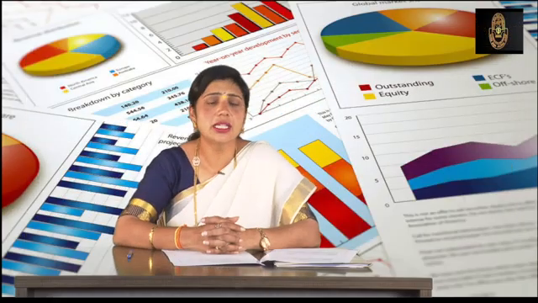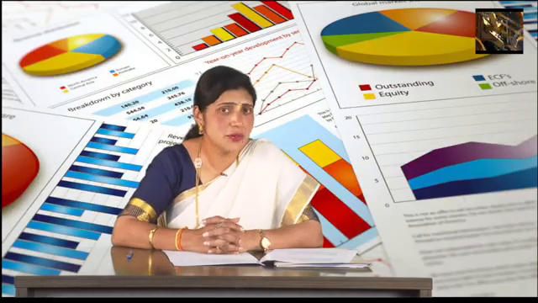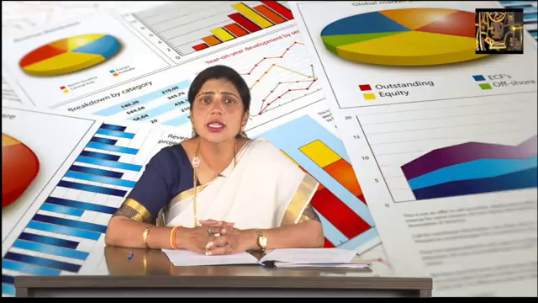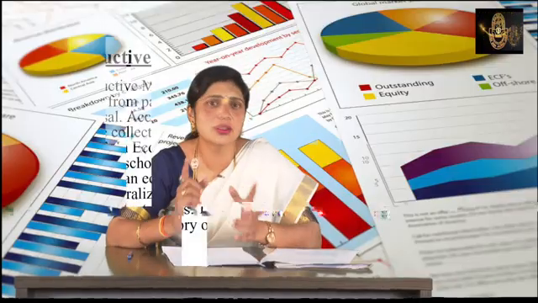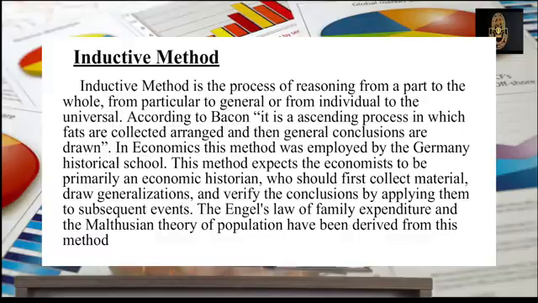Along with the deductive, we have one more method, isn't it? That is the inductive method. What is inductive? Reasoning from a part to the whole, from particular to the general, or from individual to the universe.